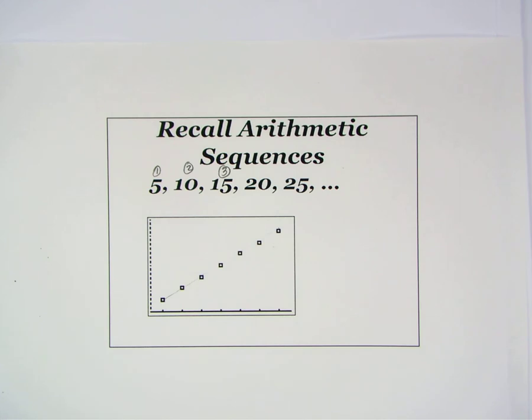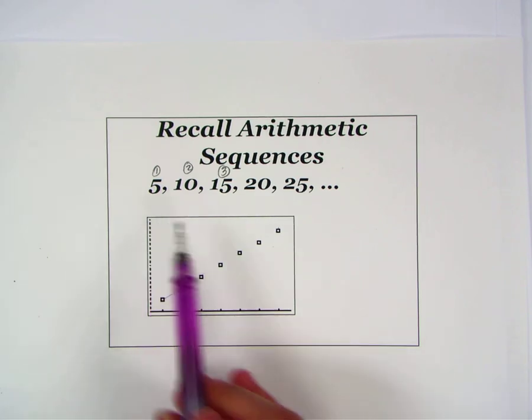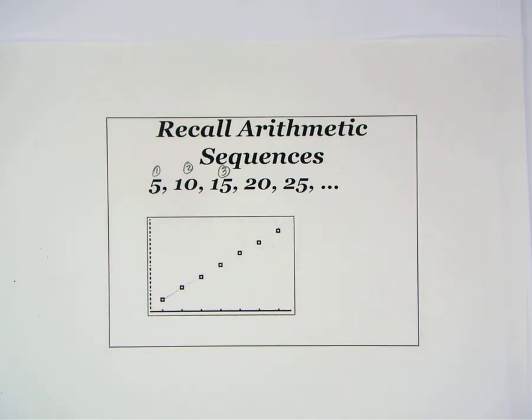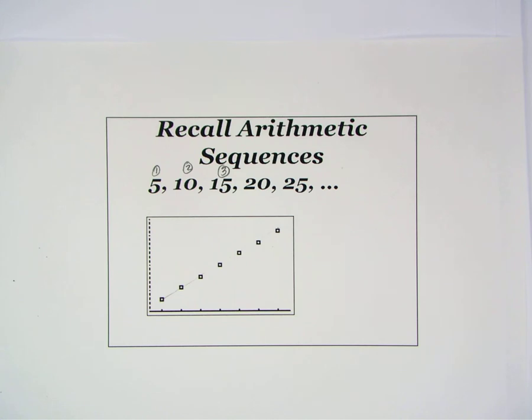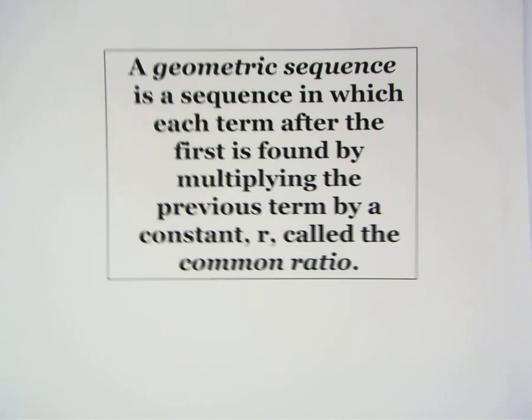Now, hopefully they make sense to you because the constant difference is 5. Every time I go from one to the next one, I just go up 5 every time. That's the definition of slope, right? So that is a linear relationship. Now, that differs from a geometric sequence.